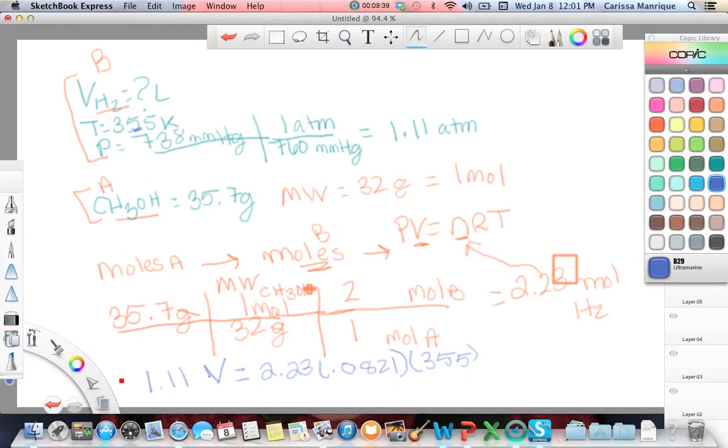So let's multiply this all out and divide by this number to get volume. I have 2.23 multiplied by 0.0821 multiplied by 355, all divided by 1.11.